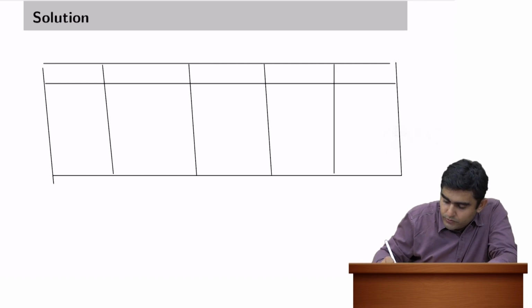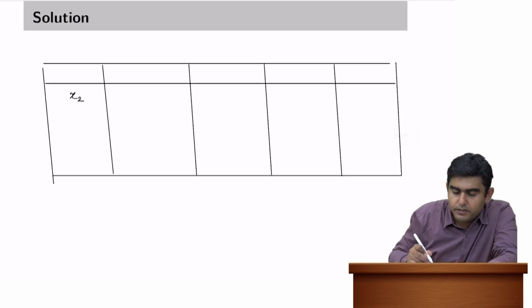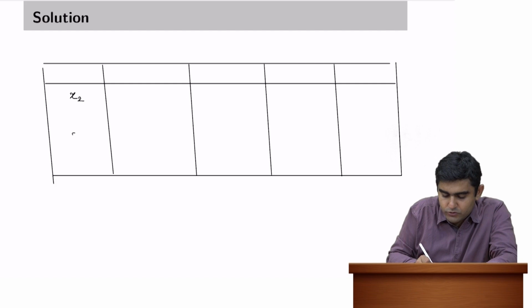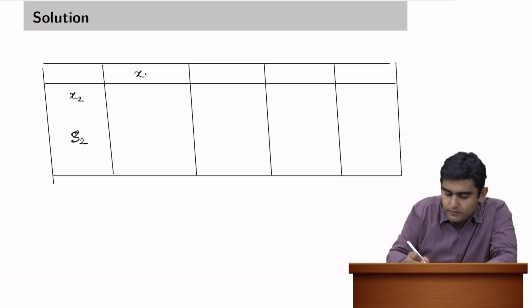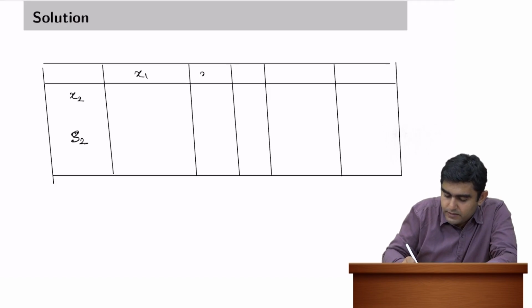So we now add the new incoming variable as our basic variable, which is x2, and this remains as s2. We have x1. Just to save some space, I will write x2, s1, s2 and RHS.